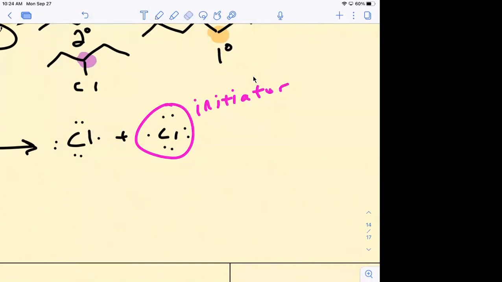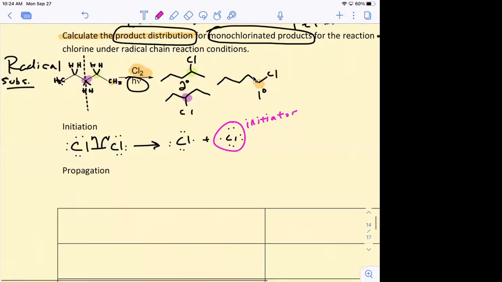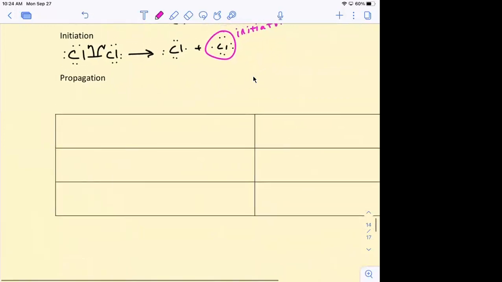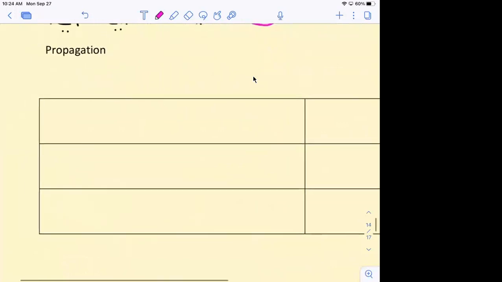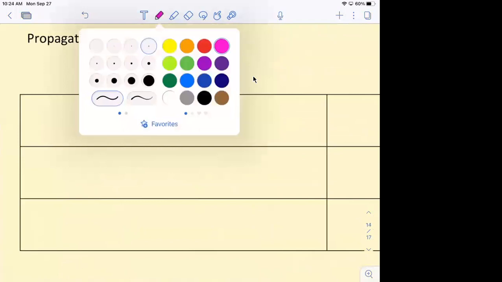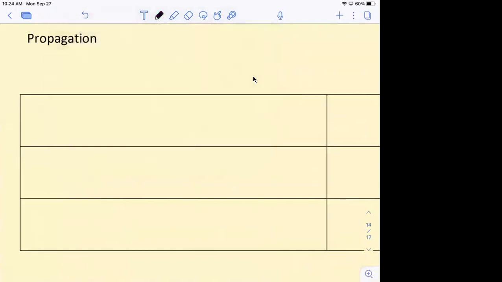That's what's going to go into the next step, the propagation step, and do abstraction, right? Now in the propagation step or steps, I'm going to start here.